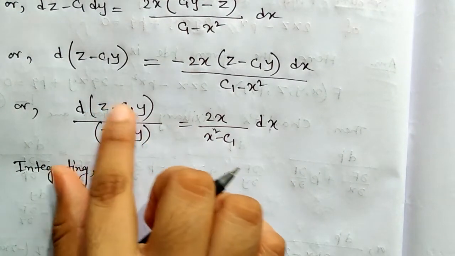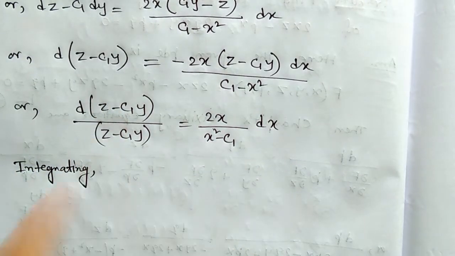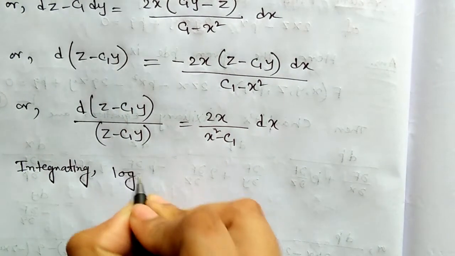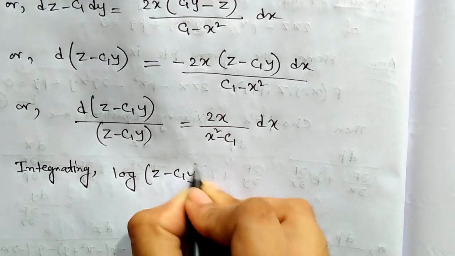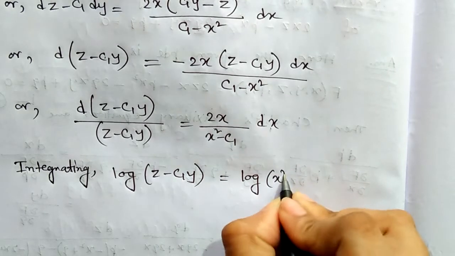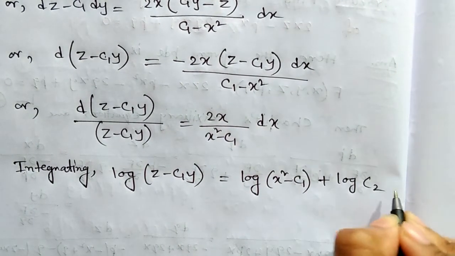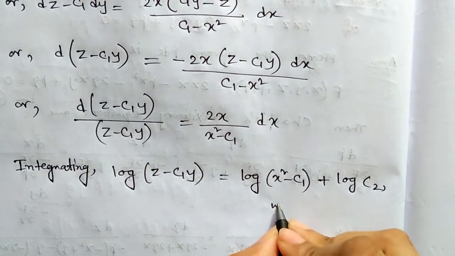If we put t equal to this whole, then dt by t, so this is log t. Therefore log of (z minus c1y) equals log of (x square minus c1) plus log c2, where c2 is an arbitrary constant.